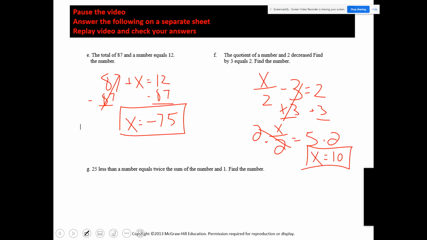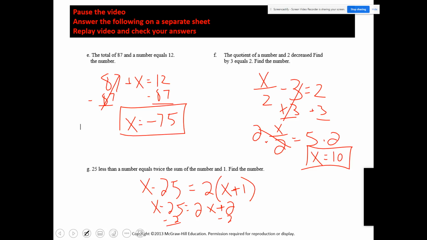And the last one, 25 less than a number equals twice the sum of the number and 1. Negative 27 equals x.